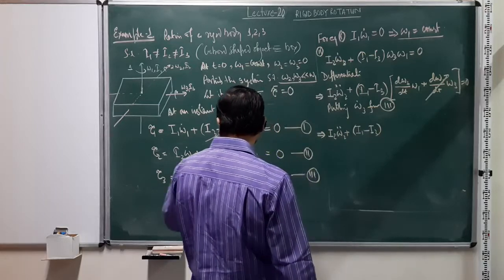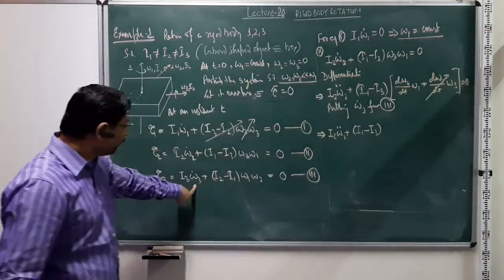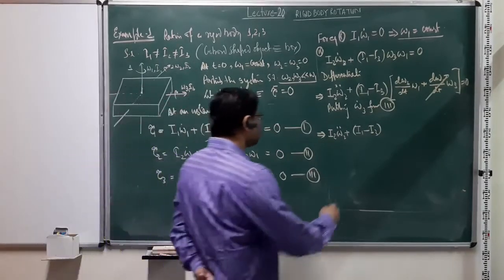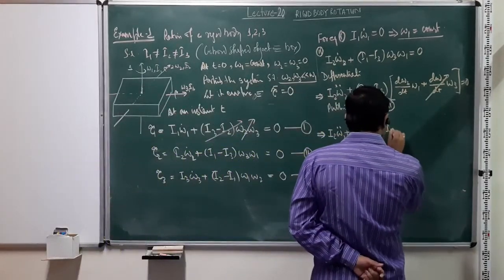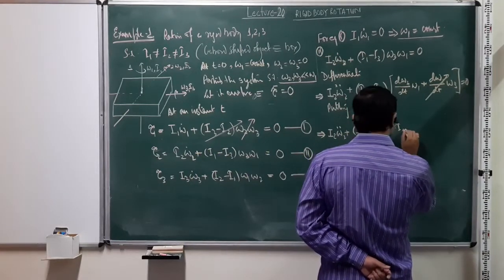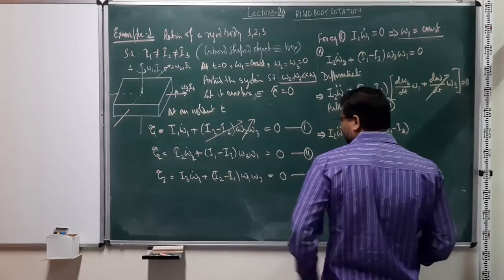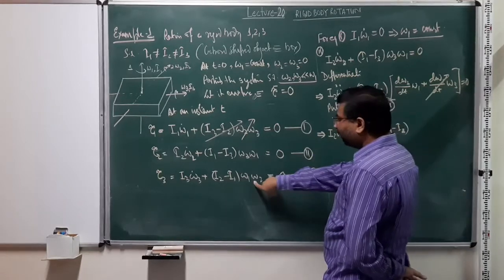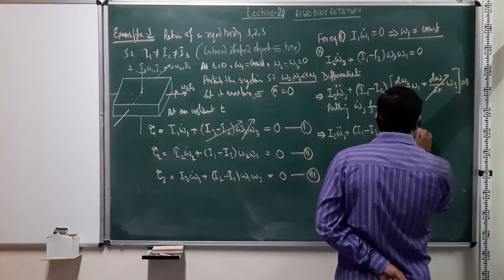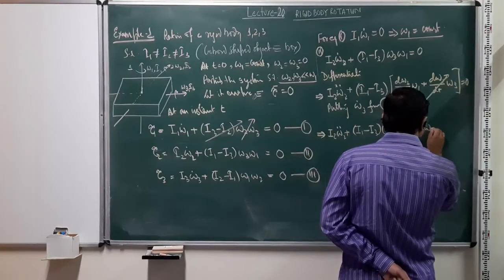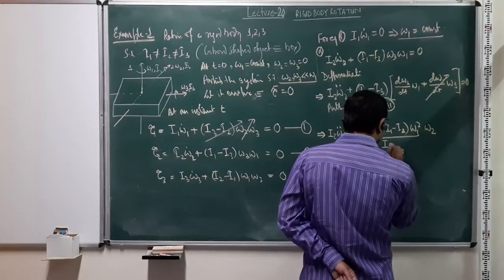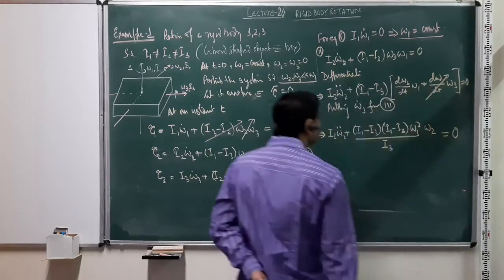And from here, omega 3 dot will be, basically this term will go on the other side, divided by I3. So I1 minus I2, so that minus sign is included here. Omega 1, omega 2, and there is already omega 1 here. So omega 1 square, omega 2 divided by I3, and this is equal to 0.